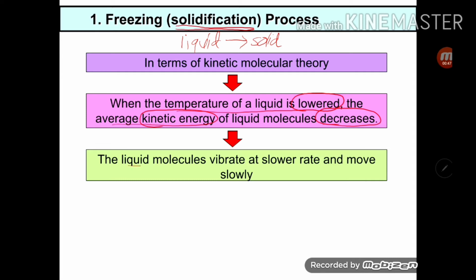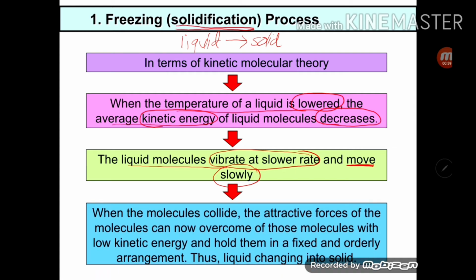So, the liquid molecules will vibrate at a slower rate and move slowly. When the molecules collide, the attractive force can now overcome those molecules with low kinetic energy and hold them in a fixed and orderly arrangement, thus the liquid changes into a solid.